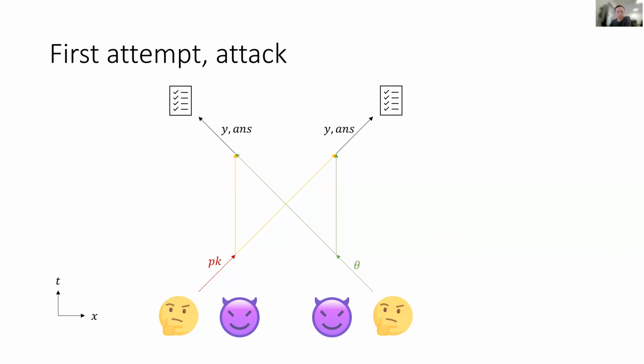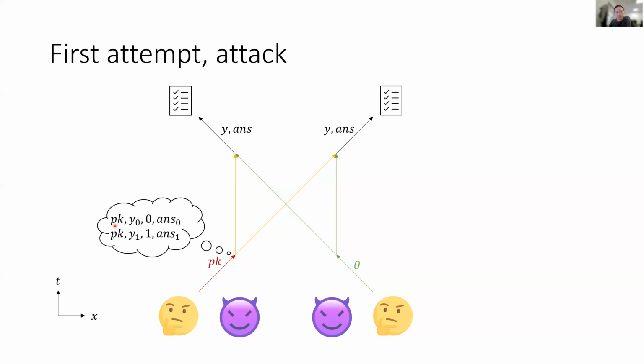Okay, but unfortunately, there is actually an attack for this protocol. And the high-level idea of this attack is that this adversary does not need to prepare the state honestly. In particular, what the adversary on the left could do is to actually guess which theta it is, and then prepare 2 transcripts of the execution.